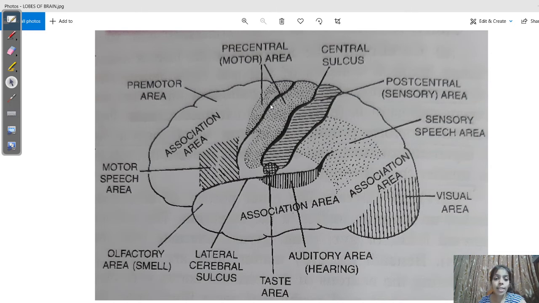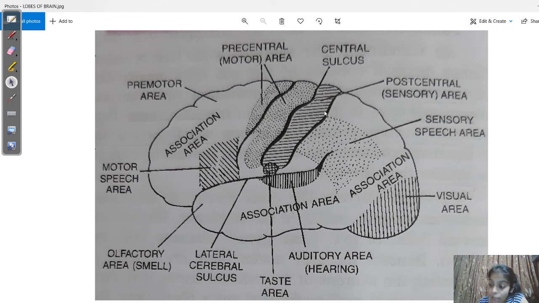Over here you see the precentral motor area. What does it do? Since it's motor, it must be related to movement. So the precentral motor area controls voluntary movements. And the post-central area is the sensory area.